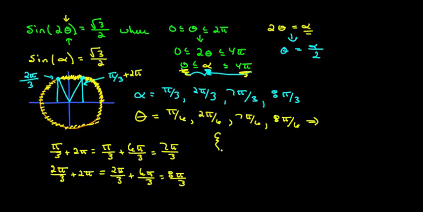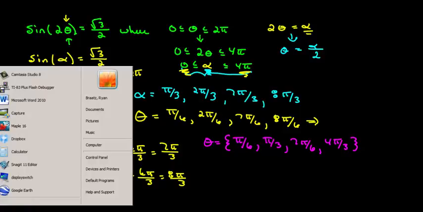Let's do it in a different color. So theta is equal to pi over 6, pi over 3, 7 pi over 6, and 4 pi over 3.